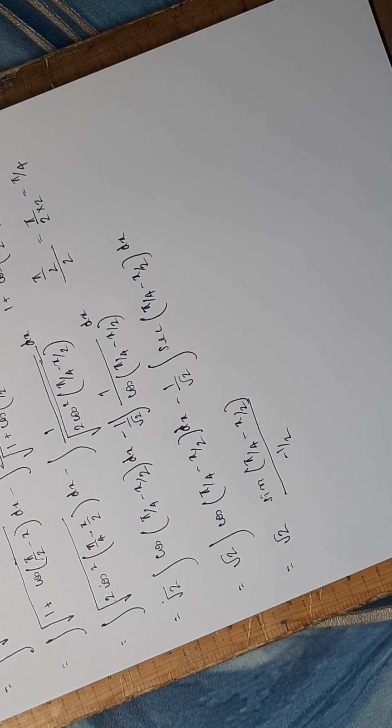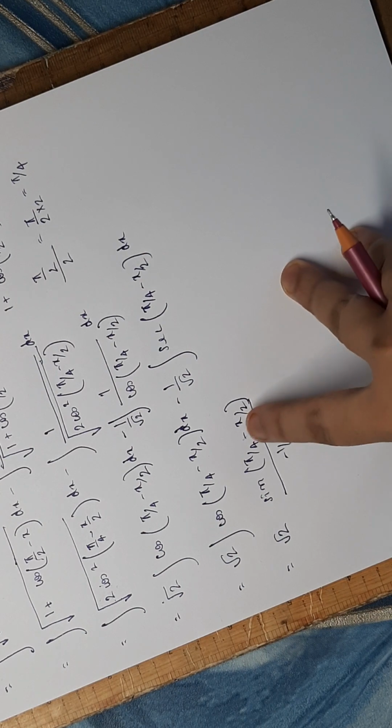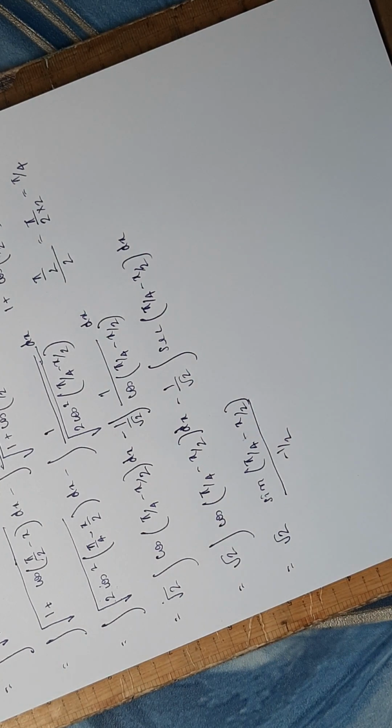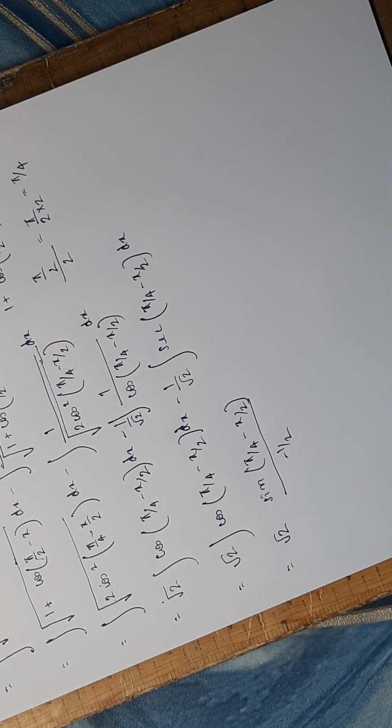Even though the straightforward formula for integration of cos x dx is sin x plus c, you also have to ensure that here we have a minus half as coefficient of x, so that has to come in the denominator.